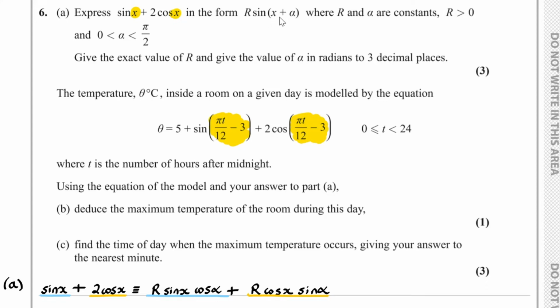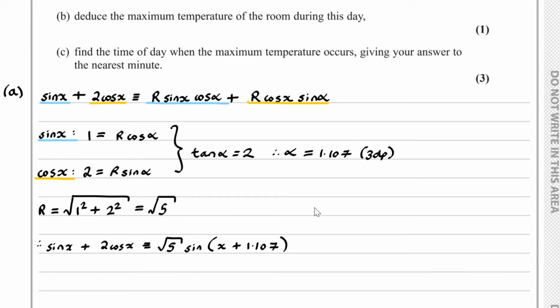And if we use our harmonic form given to us over here, then for part B you'd find theta to equal 5 plus root 5 times by the sine of pi t over 12 minus 3 plus the 1.107.